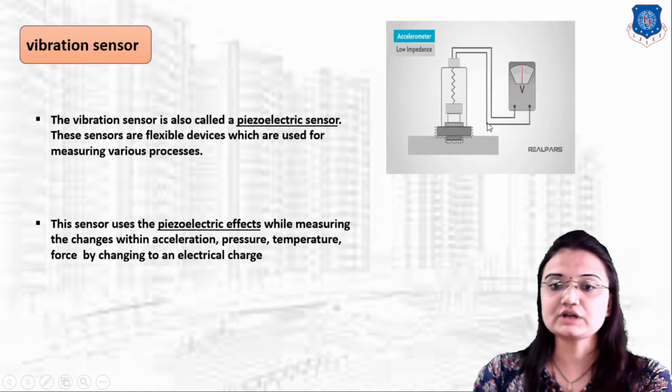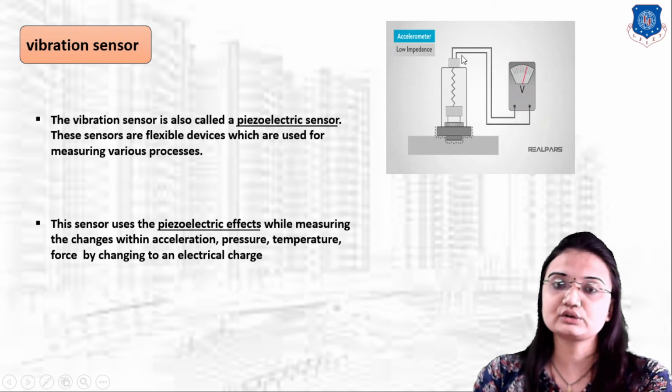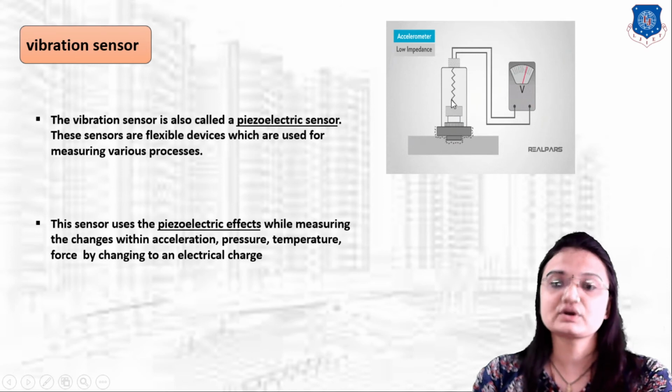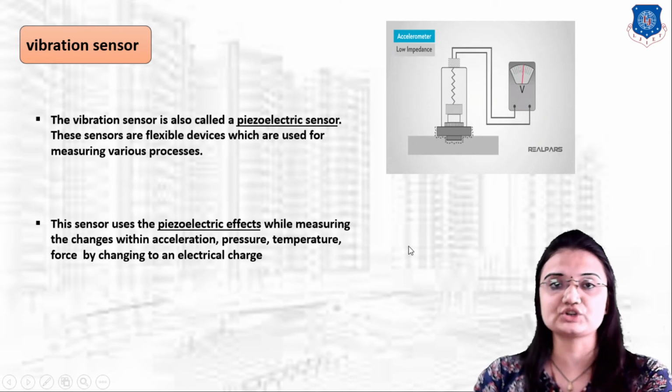When vibration occurs in the object, the diaphragm connected to the sensor will deflect, and due to the deflection of the diaphragm, the spring will deflect and that gives output in the voltmeter. Okay, so this is the basic principle of the vibration sensor.